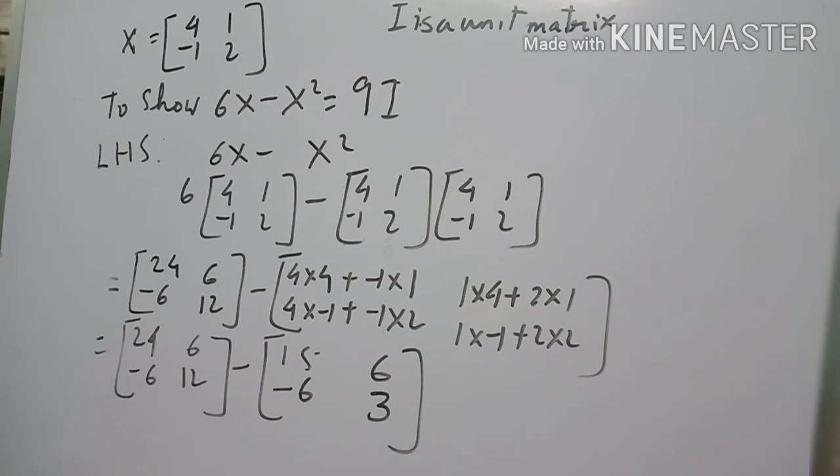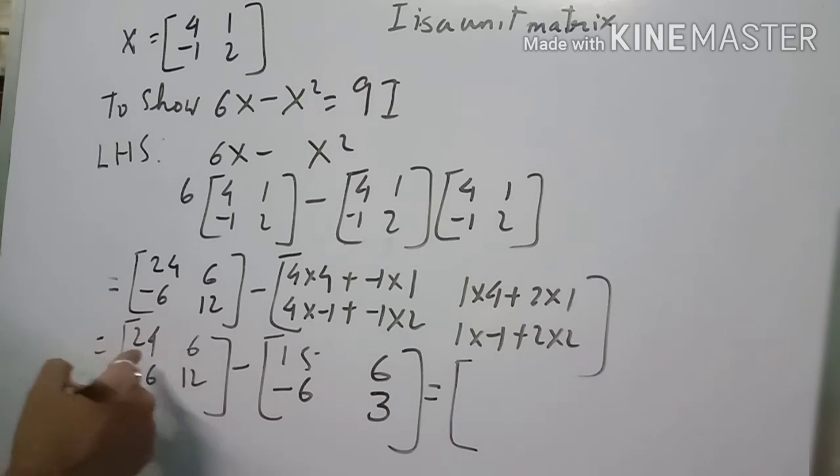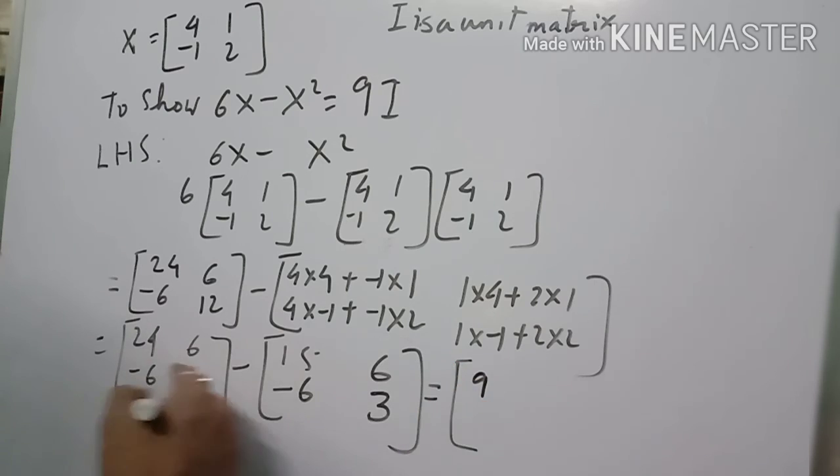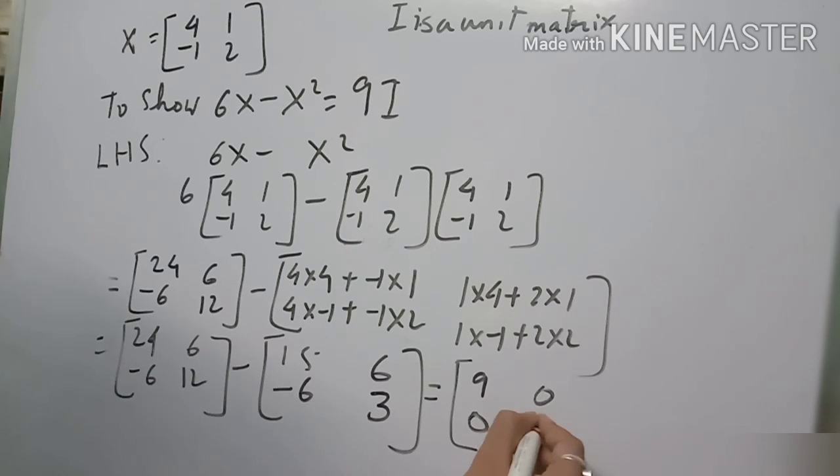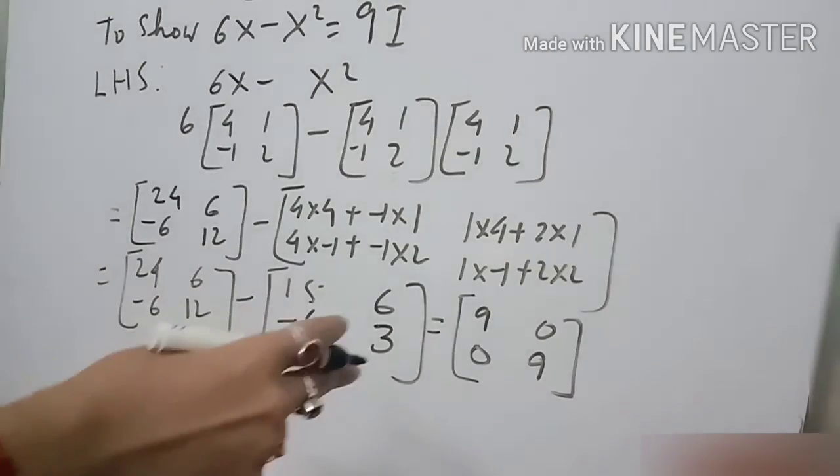Now let us do the subtraction. What are we going to get? We are going to get 24 minus 15, 9. Minus 6 minus minus 6, 0. Minus plus 6 minus 6, it's 0. 12 minus 3, 9. We are almost done. So we need to show 9I.